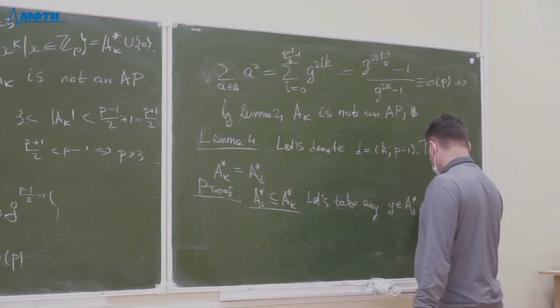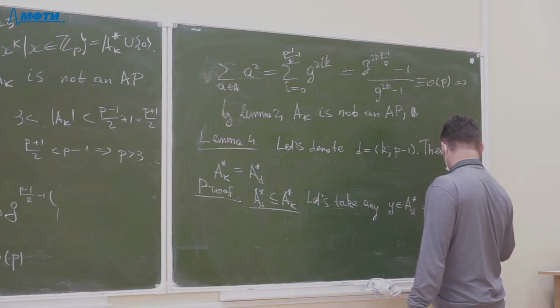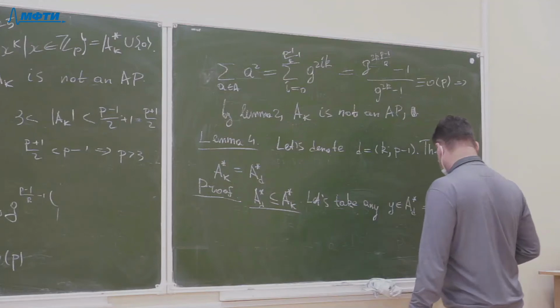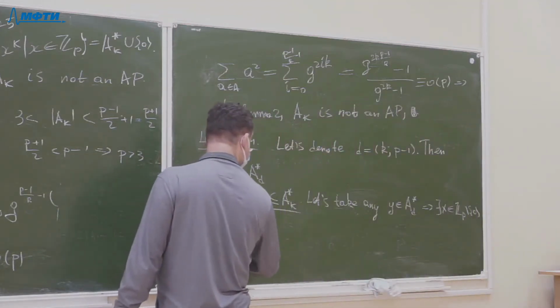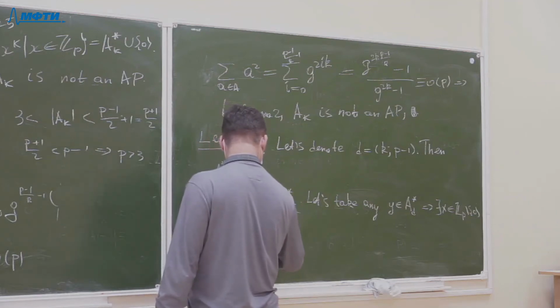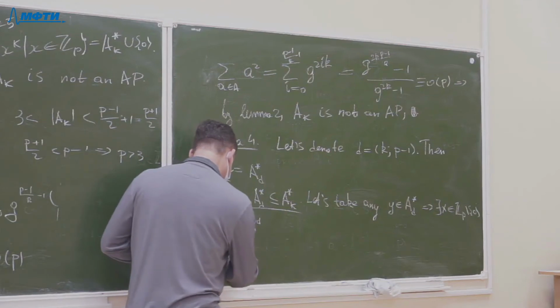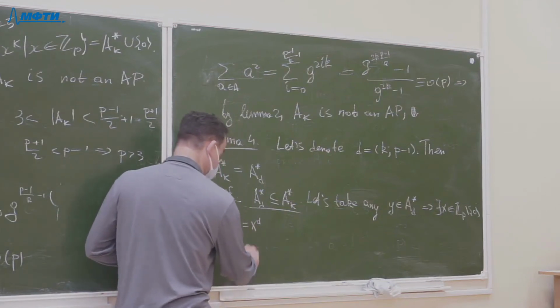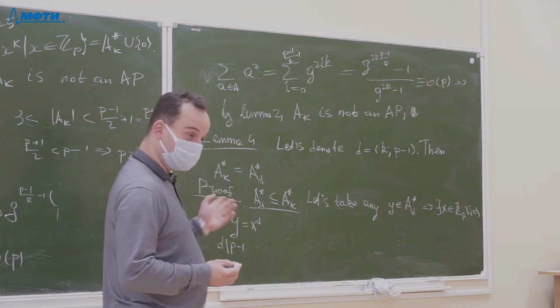Well, then there exists x from Z_P*, Z_P without 0, such that y is equal to x^D. But D is a divisor of P-1, right?